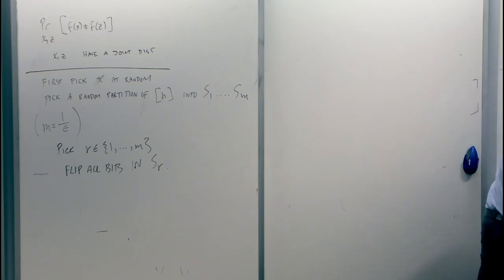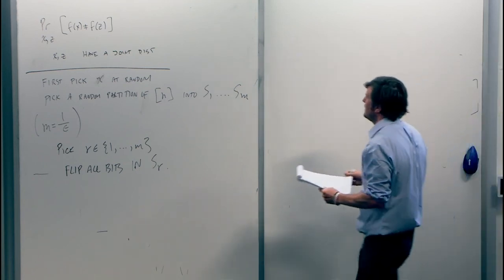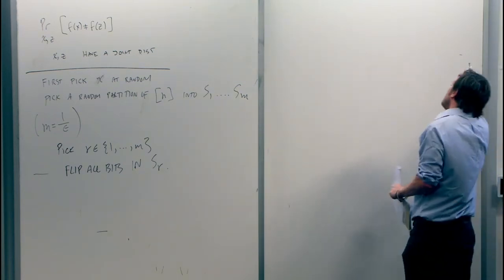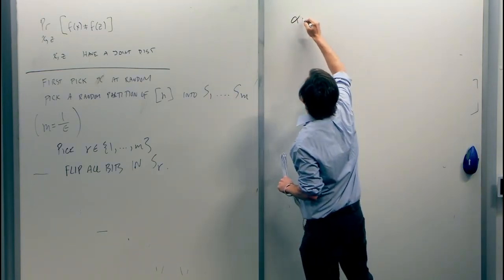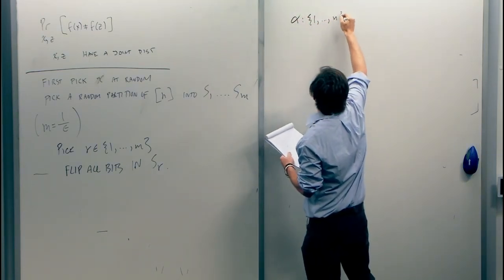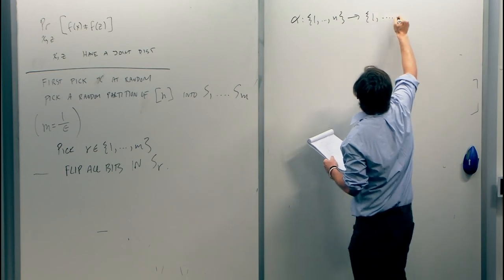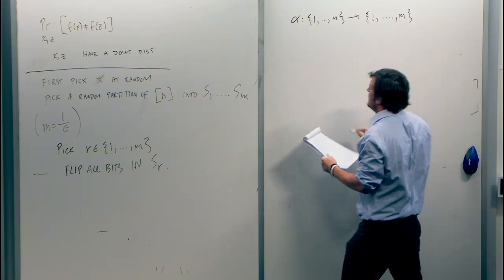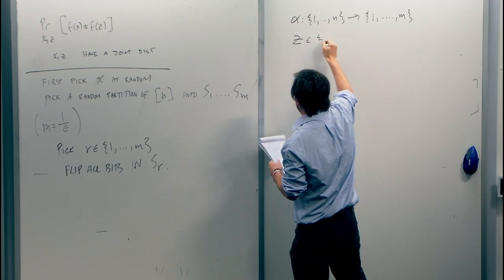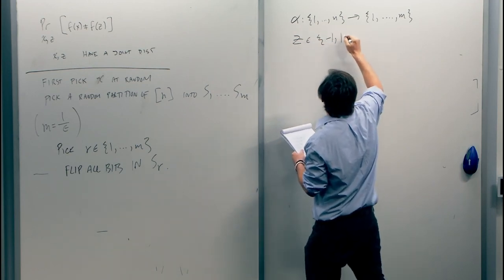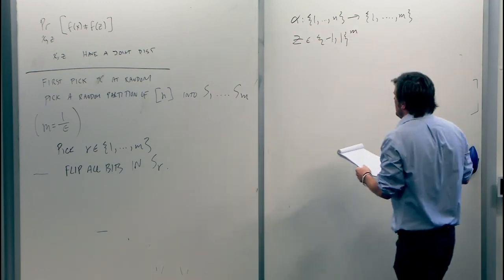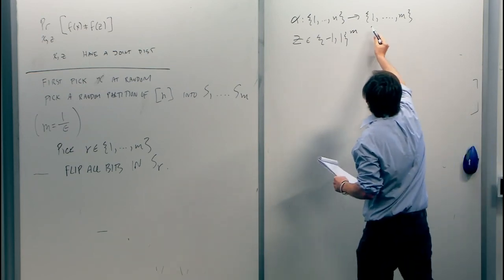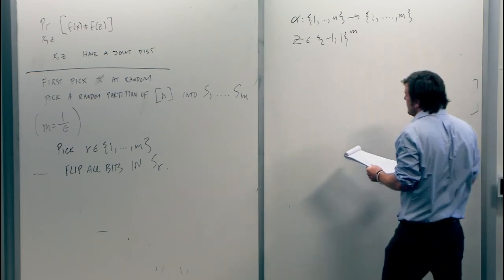Right, so just so I don't do this wrong, alpha is going to be the partition, and now z is going to be random. This is going to correspond to, well, you'll see in a second.